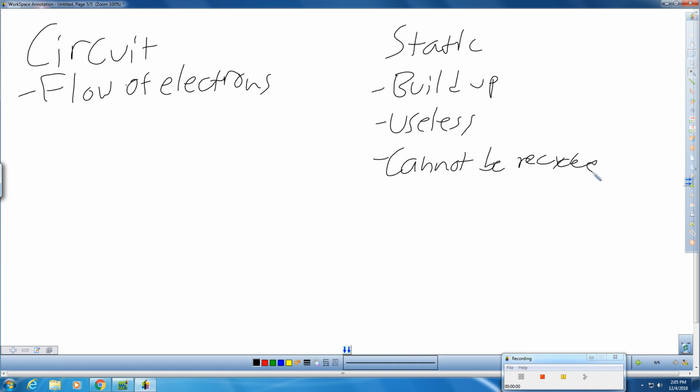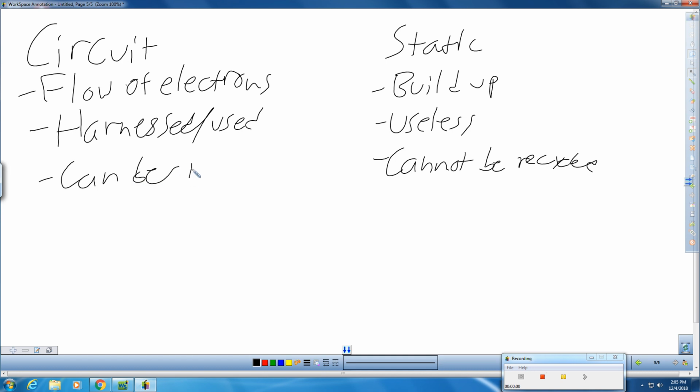Whereas circuits can be harnessed, it's kind of a weird verb, but used, and can also be recycled. Now, there's two kinds of circuits, and that would be series and parallel.